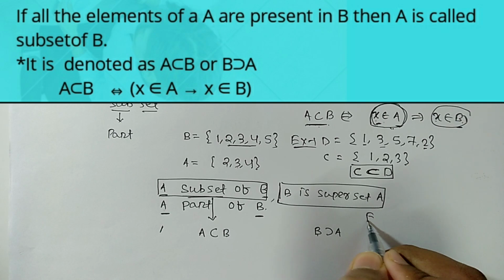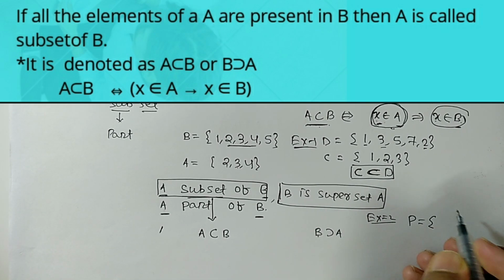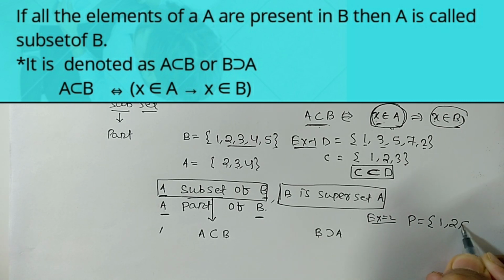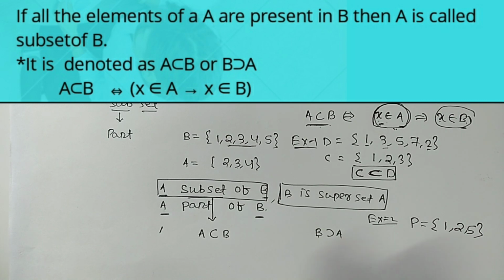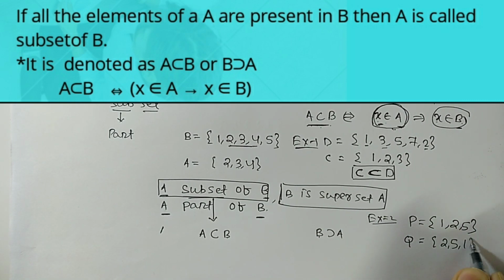In example number 2, we consider the set P which contains the elements 1, 2, 5, and another set Q equal to 2, 5 and 1.